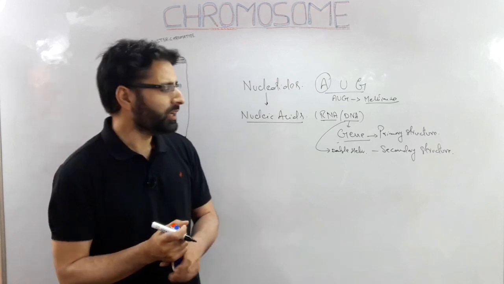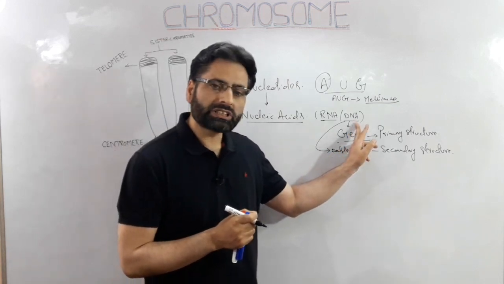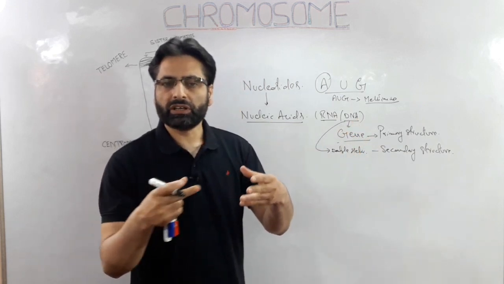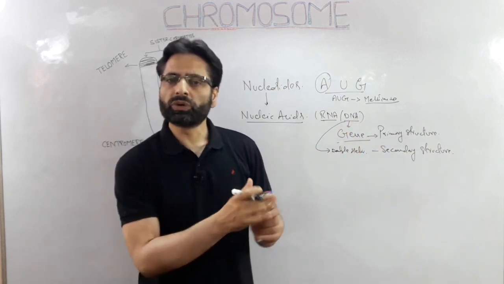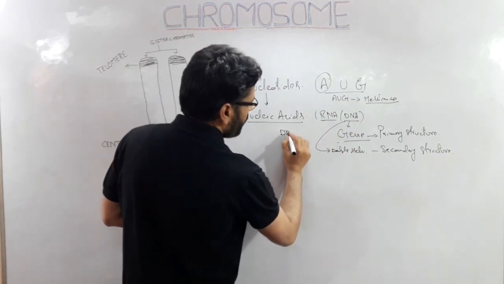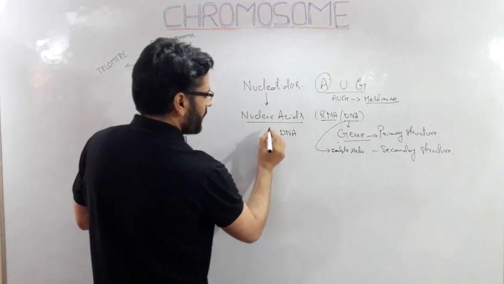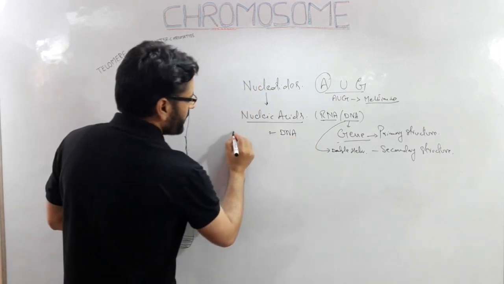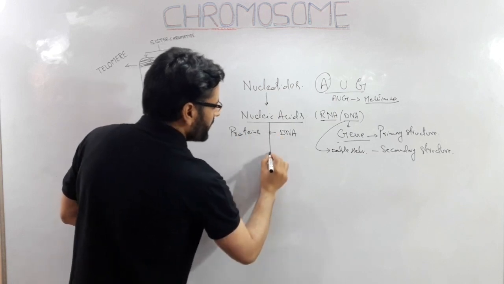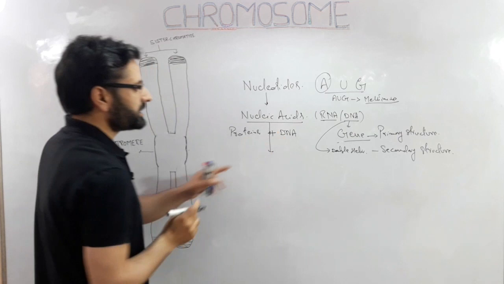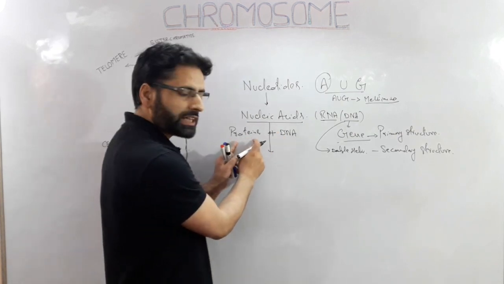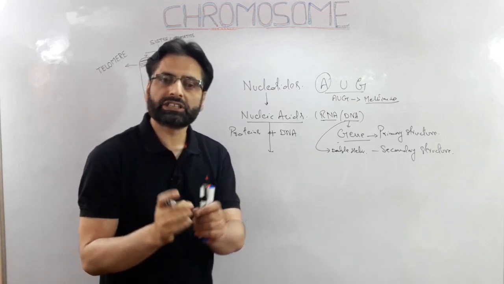So what we require is that this DNA or this genetic material should be packed tightly so that it can fit into the smaller size cell or nucleus. So this DNA or genetic material gets associated with the proteins, and these proteins, as you know, are used as a packaging material.